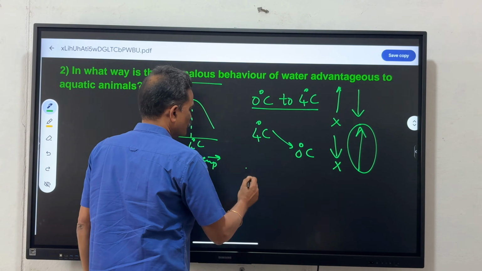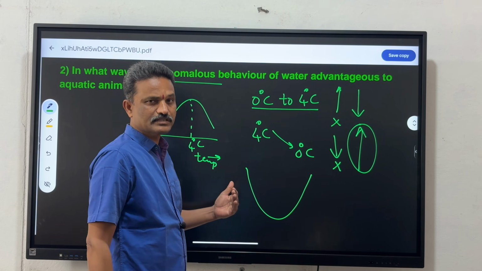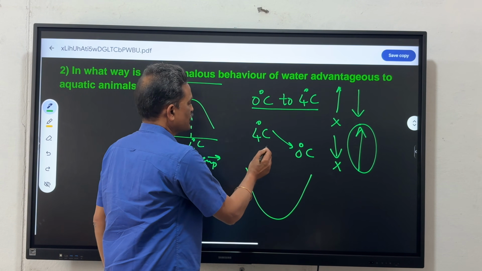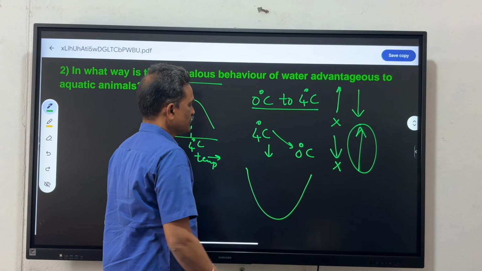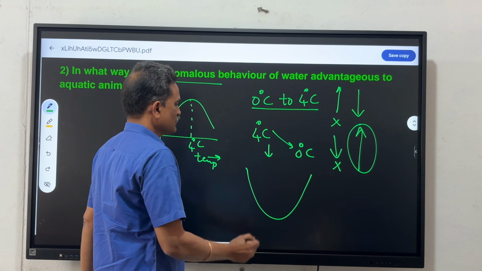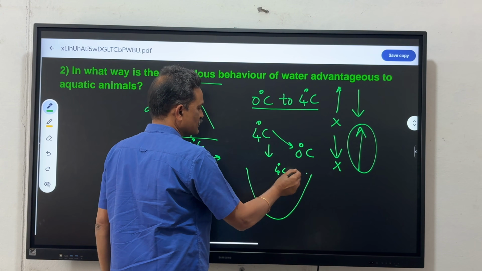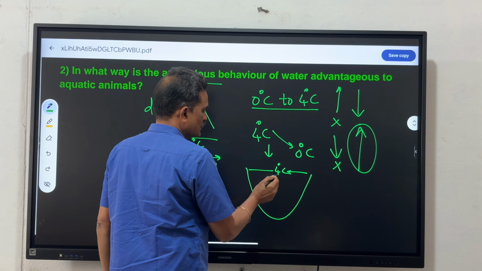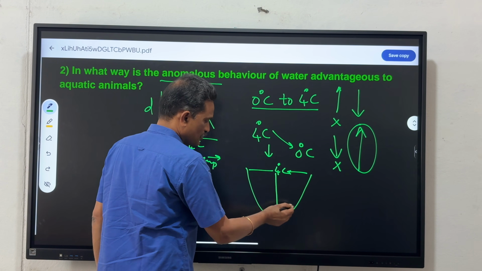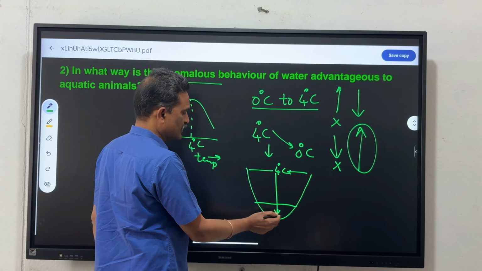So in polar regions where the temperatures are very low, 0 degrees Celsius and below, when the atmosphere is cooling down, as soon as the water reaches 4 degrees Celsius, it goes down because of its high density. So the lowermost layer is at 4 degrees Celsius.